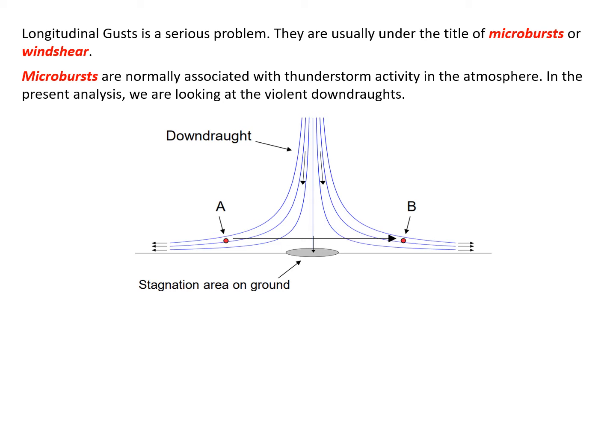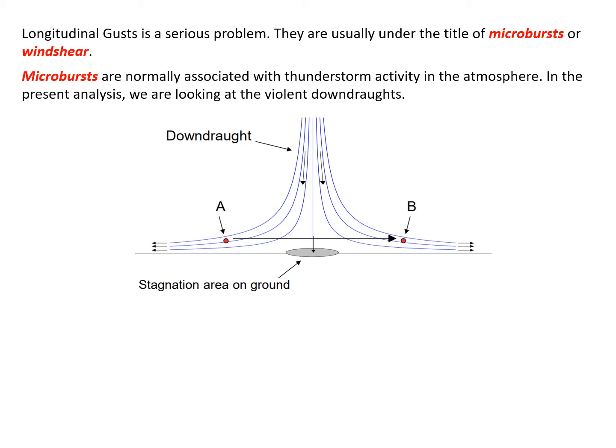Microbursts are normally associated with thunderstorm activity in the atmosphere. In the present analysis, we are looking at the violent downdraughts. And you can see from this picture, we have a downward flow, and we call it downdraught.